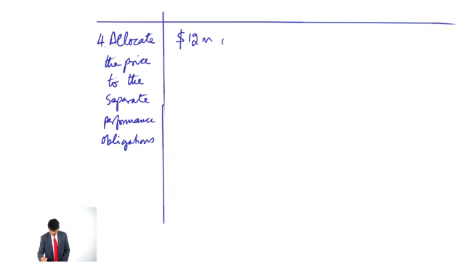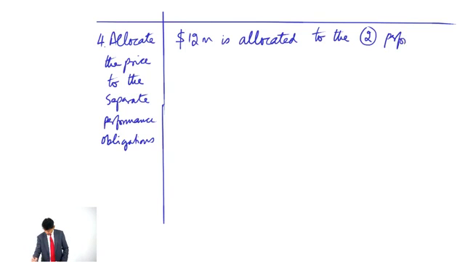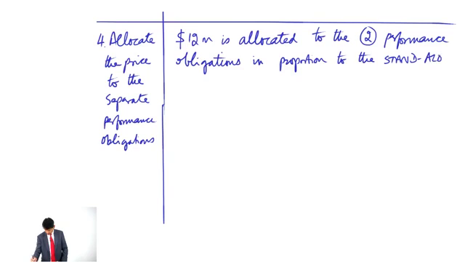The 12 million is allocated to the 2 performance obligations in proportion to the stand-alone selling price. Remember, it was 30,000 per annum.